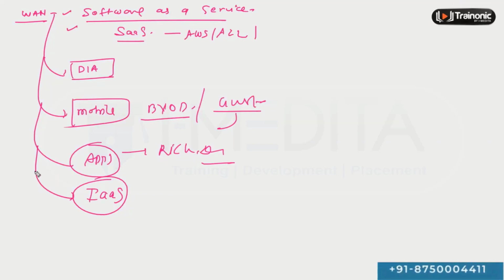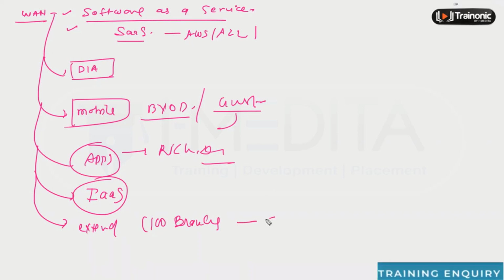For example, if you have to extend your network, let's say currently you had around 100 branches, and the network expansion happened, and now you have to add 50 to 60 more branches. In every branch you have to add at least 2 devices. So in total, approximately, let's consider 120 devices you have to add worldwide.